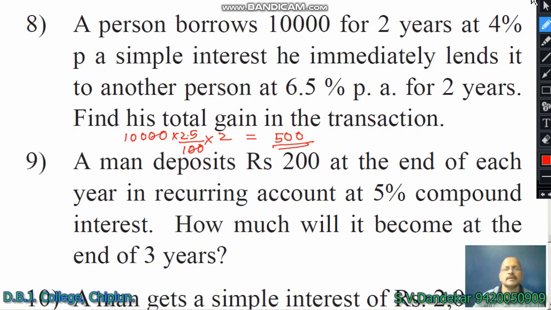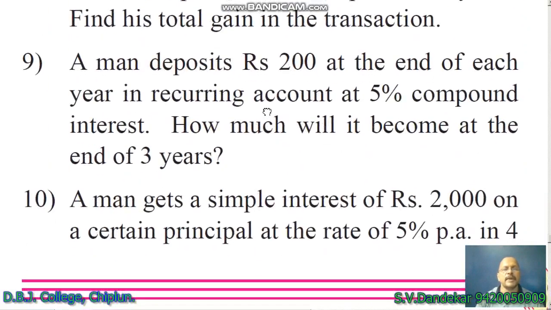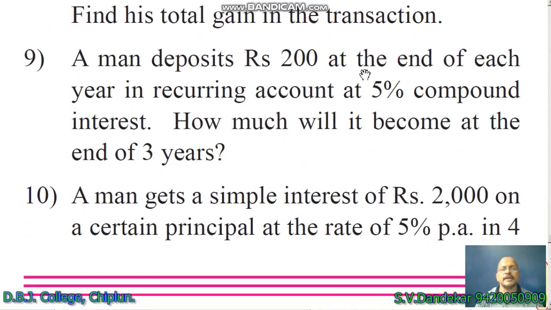Question number 9. A man deposits rupees 200 at the end of each year in a recurring account at 5% compound interest. How much will it become at the end of 3 years?